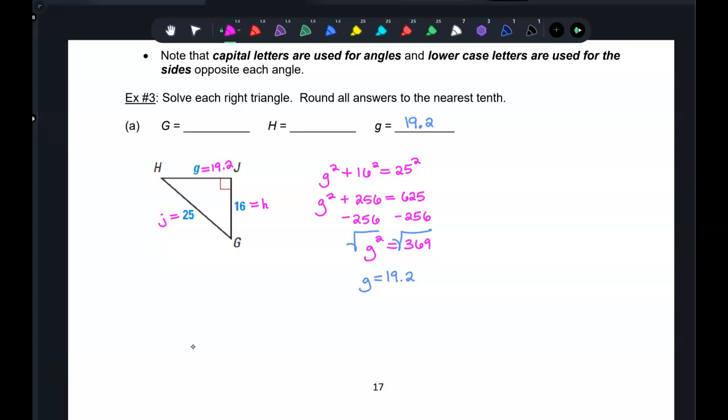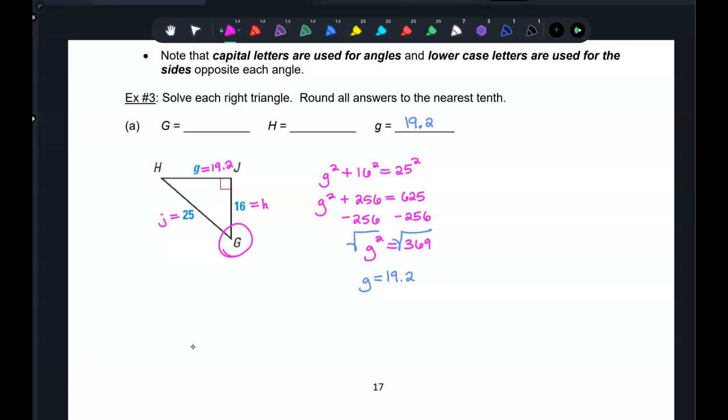Okay, now what can we do? Now we can work with angle G or H. It doesn't matter. G. Okay. So I can use sine, cosine, or tangent here, any one of these, because I know the hypotenuse, the adjacent side, and the opposite side.